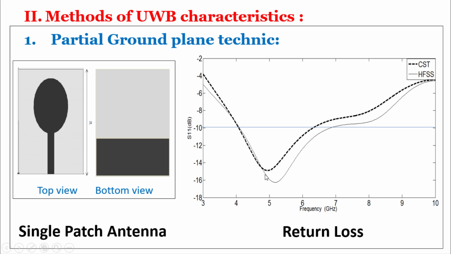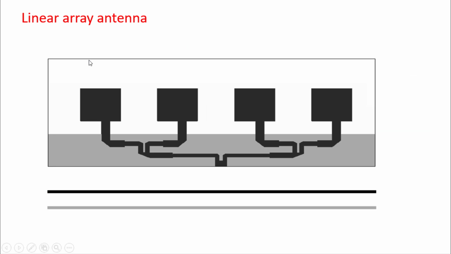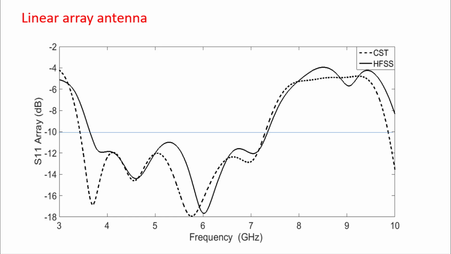Another example is a linear array antenna. We have four radiating elements in the top view, and in the bottom view a partial ground plane in gray color. For this linear array antenna we can find ultra wideband characteristics. Here we have the return loss of this array antenna as a function of frequency.